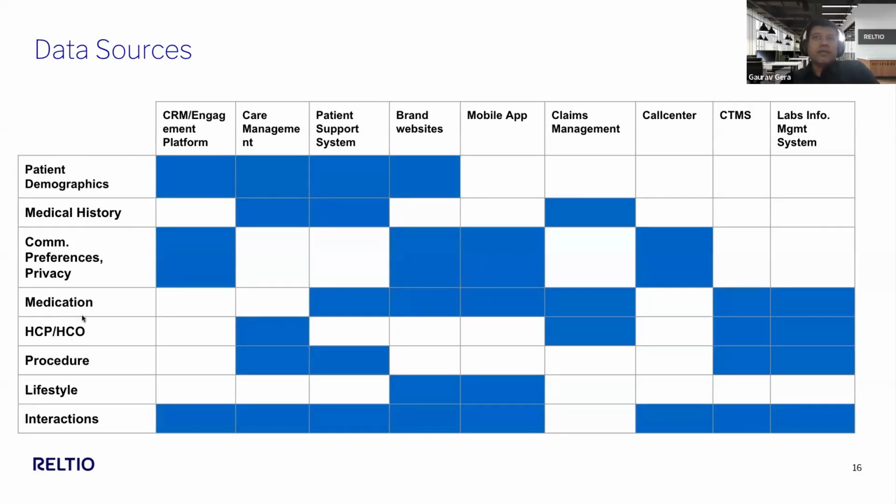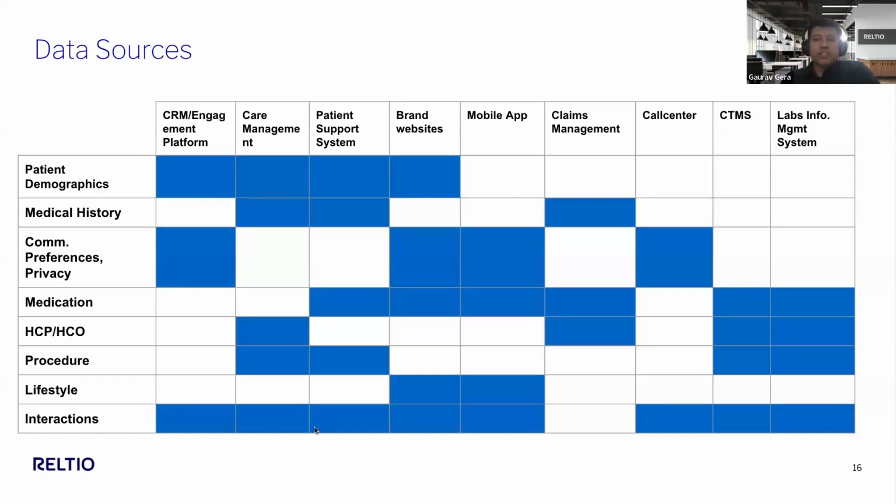You can, for example, collect their communication preferences, privacy information, even medication data coming in from various other sources like claims, or even CTMS if you're running clinical trials. Labs data becomes a critical source if you're running specialty medicines, and physicians are reaching out to you for special prescriptions to be filled for patients requiring critical care.